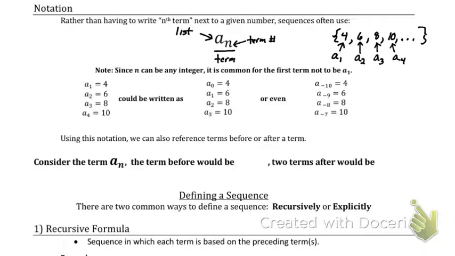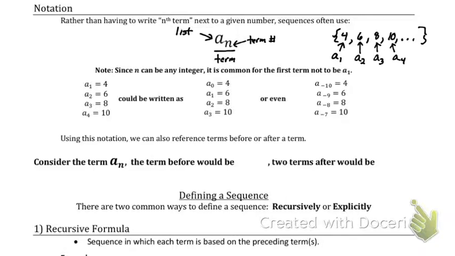All right, now with all that going on, there are going to be times where I don't know what the first term, second term is. We're going to talk about things just like this. So let's consider the term A sub n. I have no idea where it is in the sequence. It could be this A sub negative 7. It could be this A sub 1. It could be this A sub 3. A sub n, I know it's somewhere in the list.